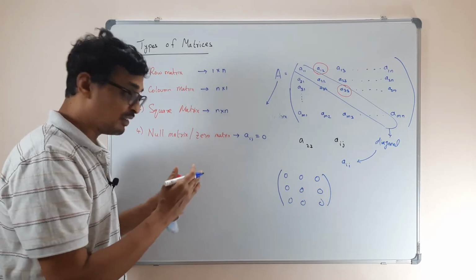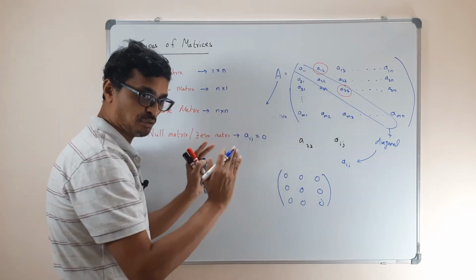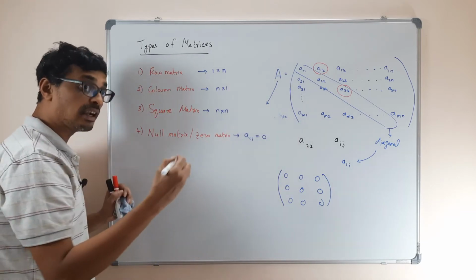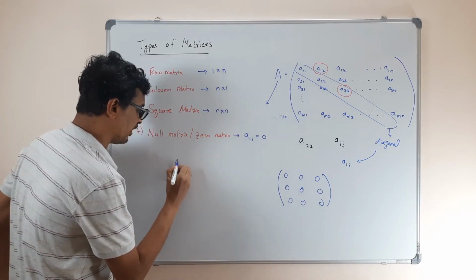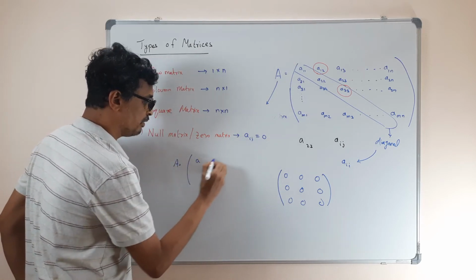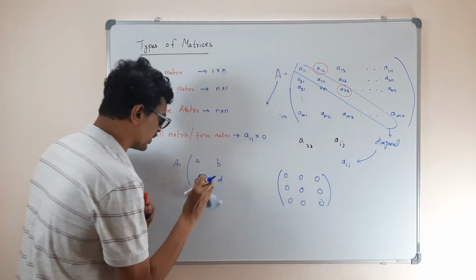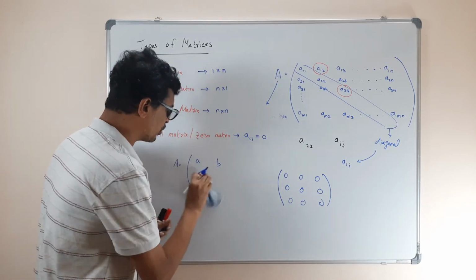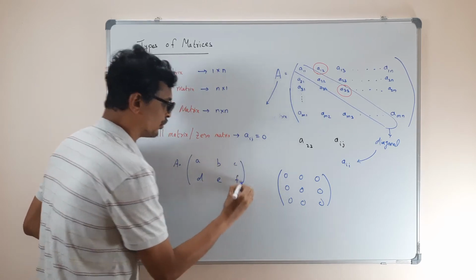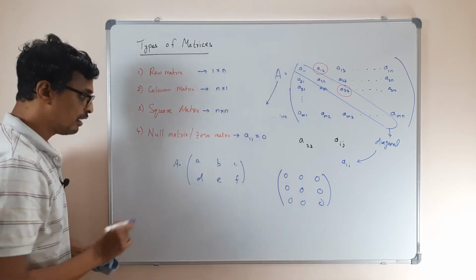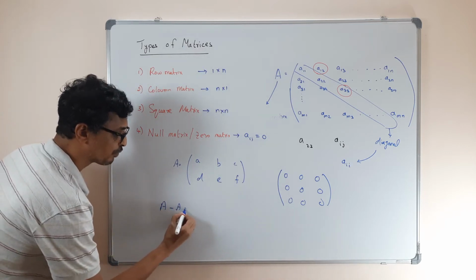Why do we need this? When we write a matrix equation, we have to match exactly, right? You will see later the addition of matrices. Suppose I have a matrix A, B, C, D, and I'll have one more, A, B, C, D, E, F. Why am I always using a square matrix? Now I am asking, what is A minus A?